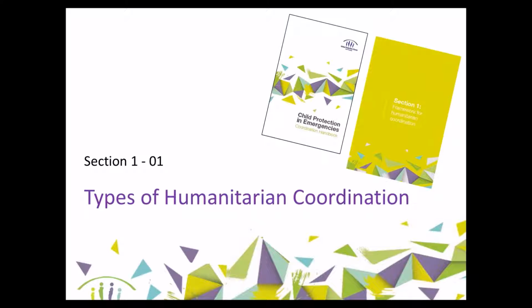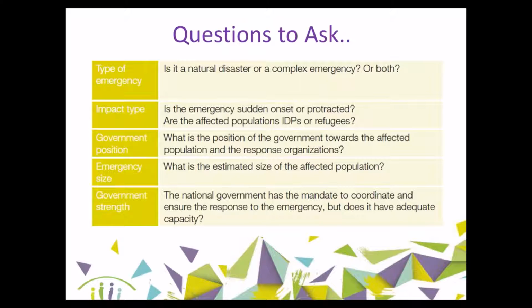So this first component is about the types of humanitarian coordination. Within the handbook, you will see a chart that is exactly the same as what is on the screen. And basically, it challenges you to ask questions of yourselves in the field before you decide what type of coordination structure should be in place or is in place in your location.